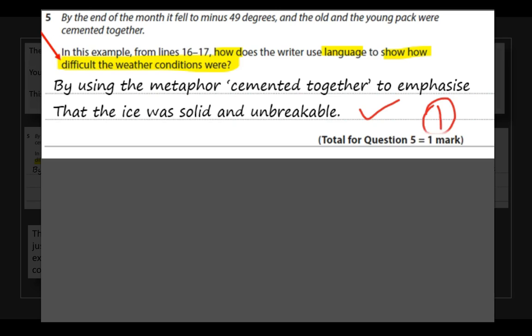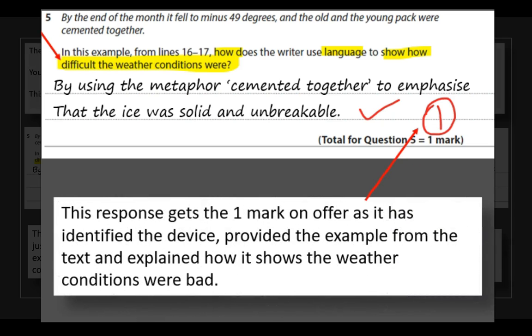So here, this response would get the 1 mark on offer. So you're not going to write a lot, and remember your response must stay within the space provided. The reason it gets the mark is because it's identified the device, it's used the correct technical term, metaphor, it has then quoted, so it's retrieved that very particular piece of information, the key phrase in there, and that's embedded into the answer, and then it's explained how that is showing that the weather conditions were difficult.